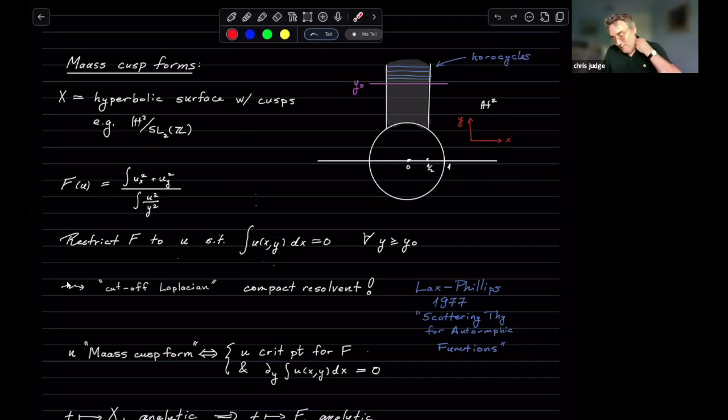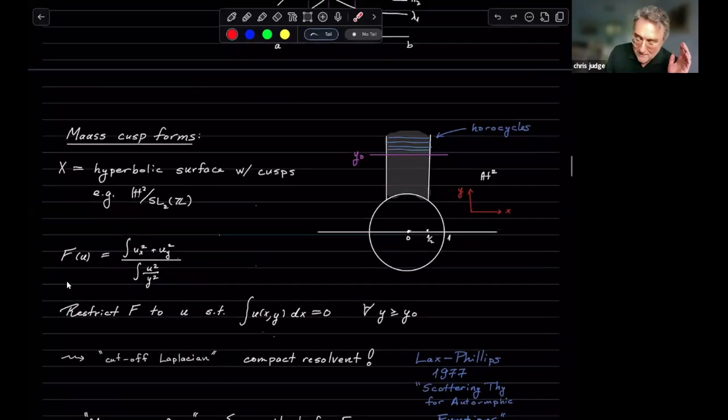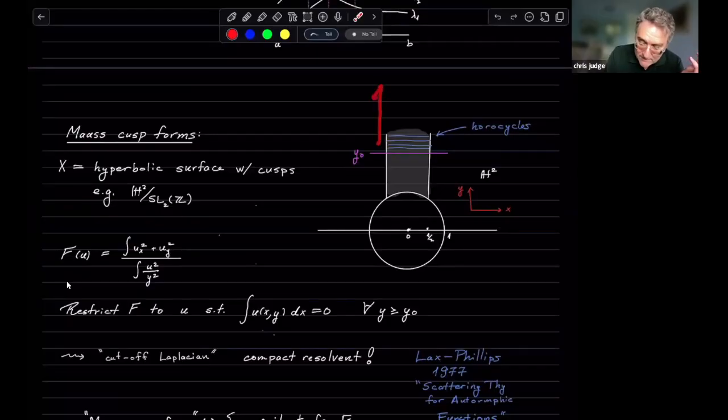Okay, but then Lax and Phillips realized that they could understand this situation by restricting this Rayleigh quotient to a set of functions. What I should say is that it's understood what's responsible for the continuous spectrum: it's the zeroth Fourier coefficient. If you think about the zeroth Fourier coefficient as the integral of the function going across this way, then that's responsible for the continuous spectrum.